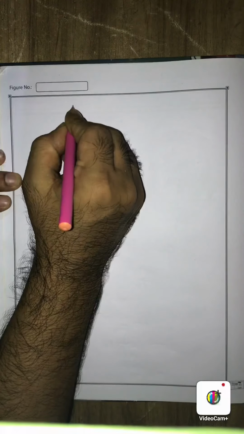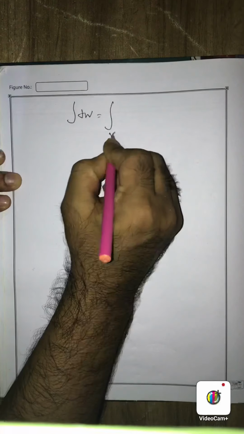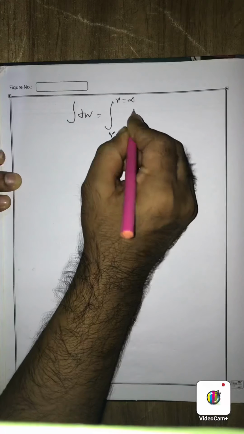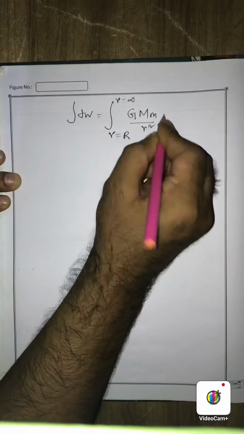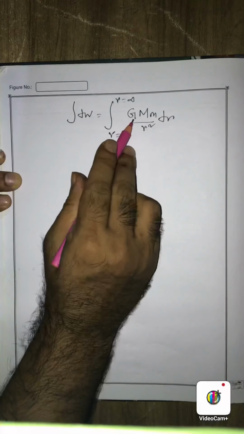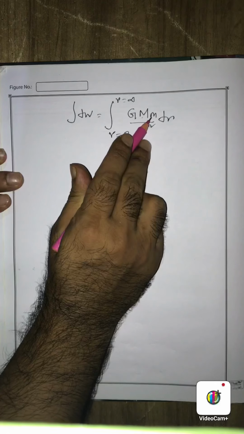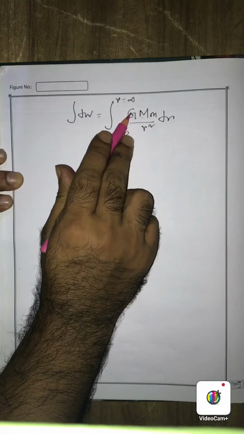Now integration dW equals integration from small r equal capital R to small r equal infinity of G capital M small m divided by r square dr. Here capital G is the gravitational constant, capital M is the mass of the Earth, and small m is the mass of the object.